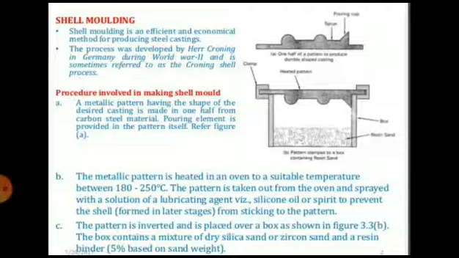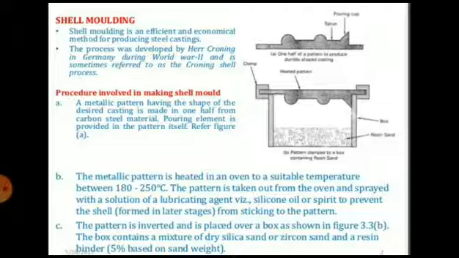Regarding the shell molding process, the pattern is machined from cast iron, aluminum, or steel. A metallic pattern having the shape of the desired casting is made in one half from carbon steel or aluminum or cast iron material.